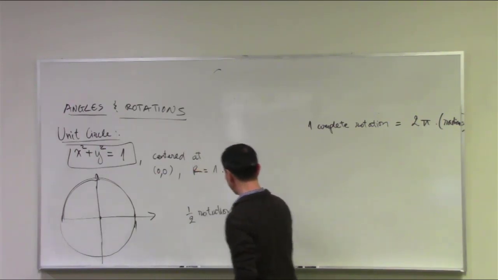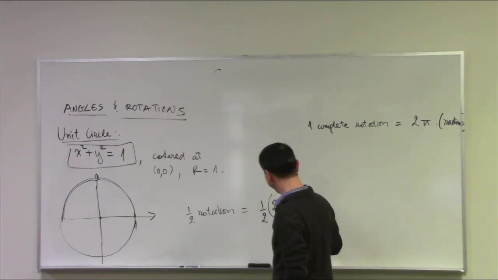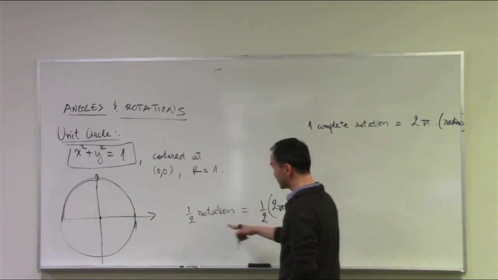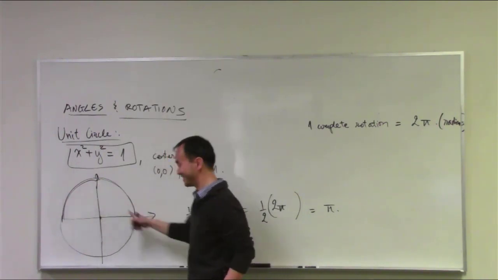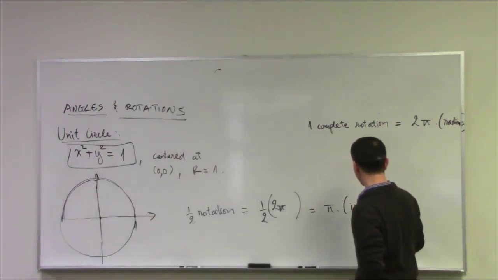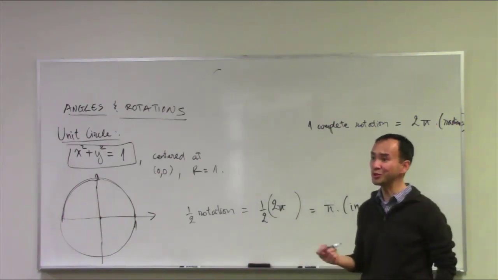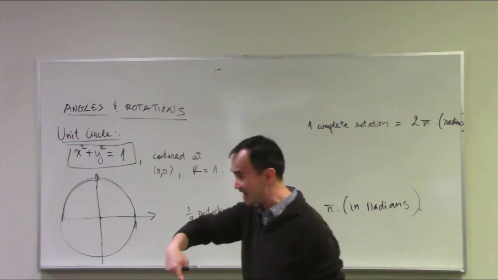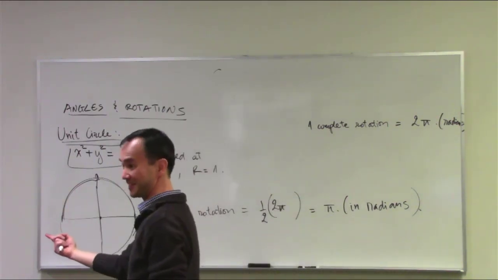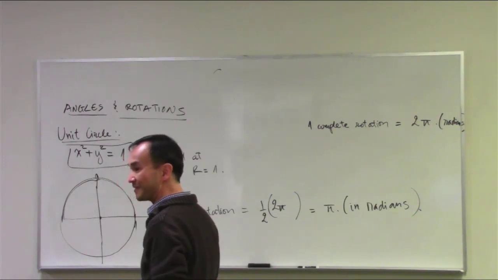One complete rotation is 2 pi radians, but cut it in half. So in radians, 180 is equal to pi. It's a new style. Instead of calling that 180, we call it a pi angle in radians. Does that make sense?